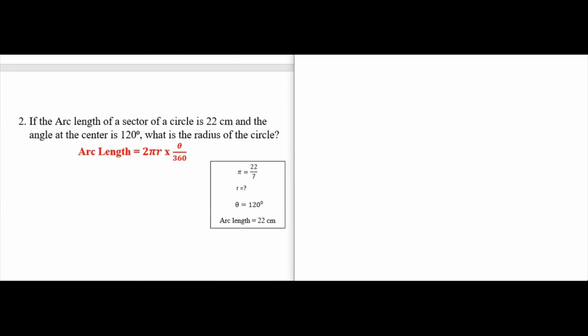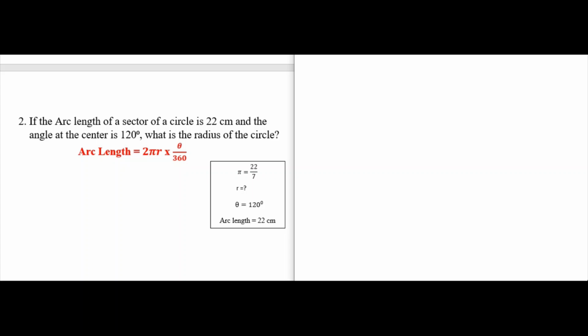Here we have the second question. If the arc length of a sector of a circle is 22 centimeters and the angle at the center is 120 degrees, what is the radius of the circle? We already know the equation for finding the arc length.